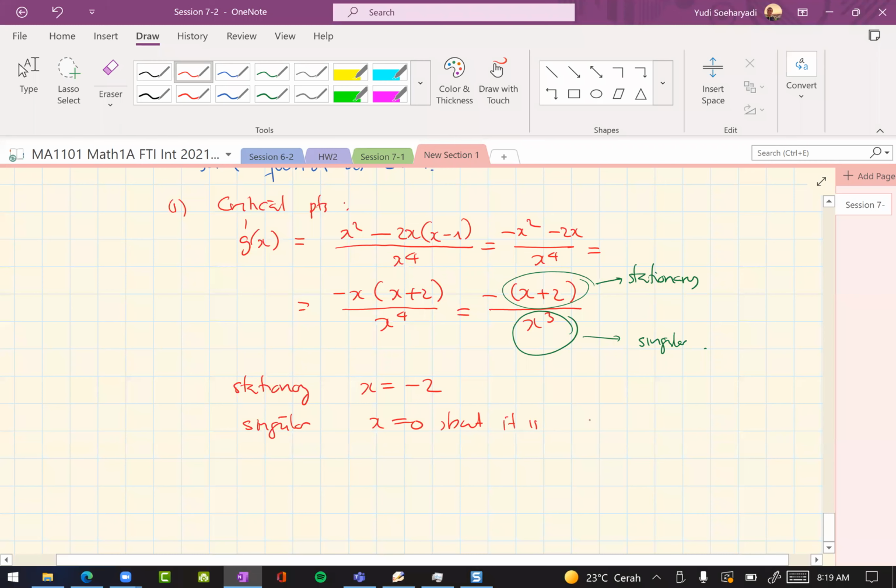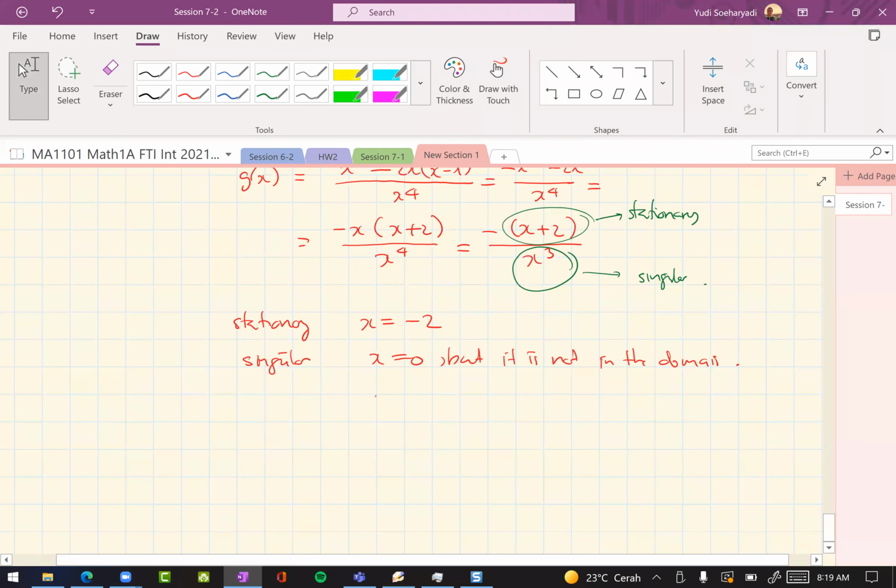It is not in the domain. Okay. Therefore, no singular point. Okay. Endpoint, and no endpoints either. Okay, so we have this.